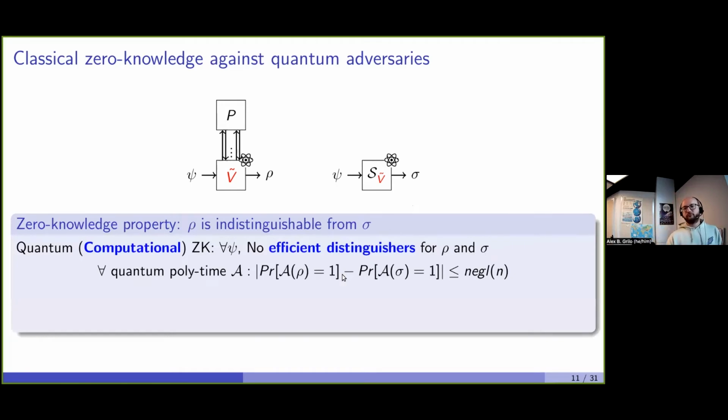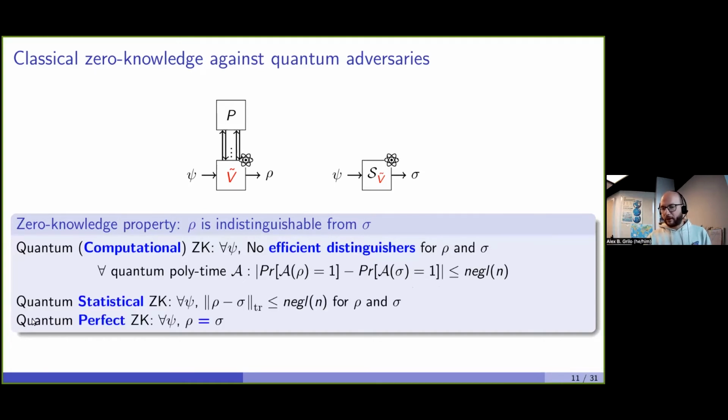The same type of property is required to have quantum zero-knowledge: for every quantum polynomial time algorithm A, it is not able to distinguish rho from sigma. The probability that A outputs one on rho is roughly the same as A outputs one on sigma, so the difference of these two probabilities should be negligible.